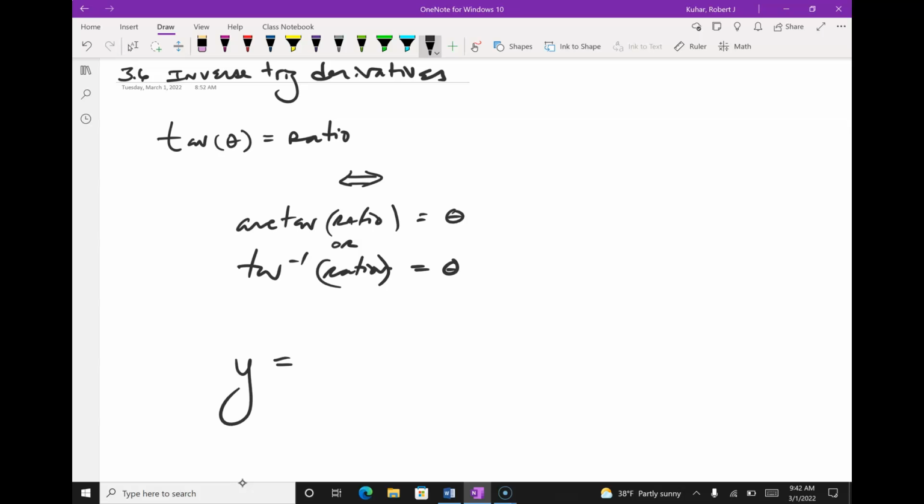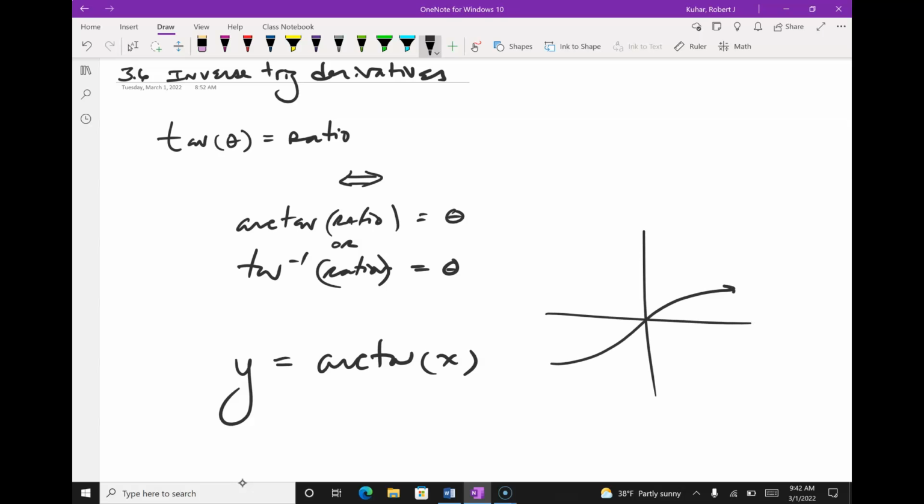So y equals the arctan of x, right? This is a nice graph. We should be able to realize what this arctan graph looks like. So you should notice something kind of interesting there in terms of derivatives. What do you see in terms of derivatives or critical values?